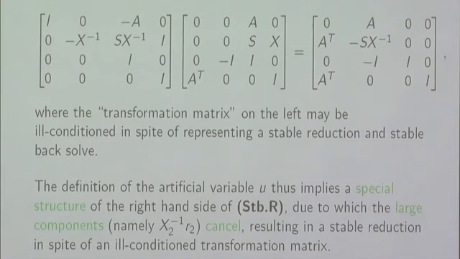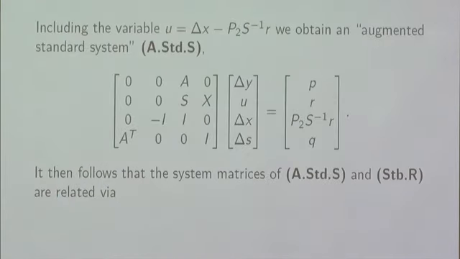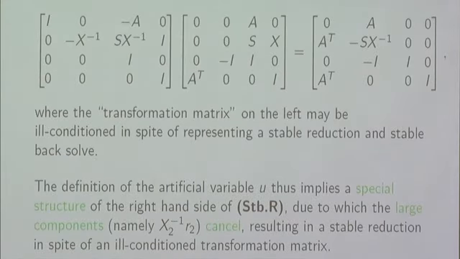In the evident fact, I argued that the right-hand side is not increased, so this matrix cannot be so terrible. But the right-hand side has a very special structure, and it turns out when you multiply this right-hand side with the transformation matrix here, then the huge components of this matrix X just cancel out. So there is no contradiction. You just have to be a little bit more careful than when first deriving this evident fact.